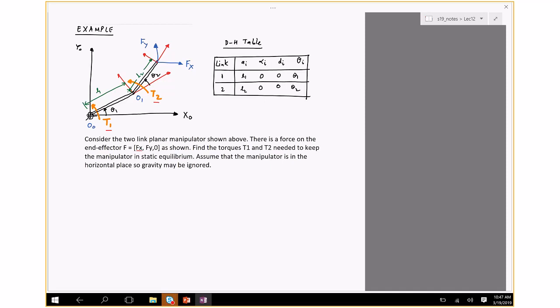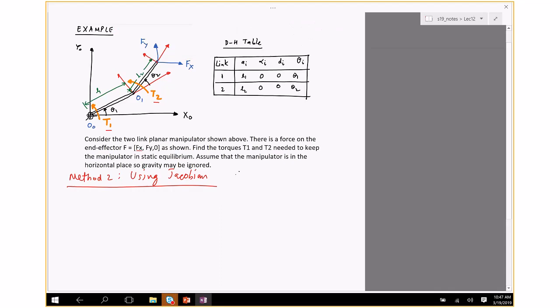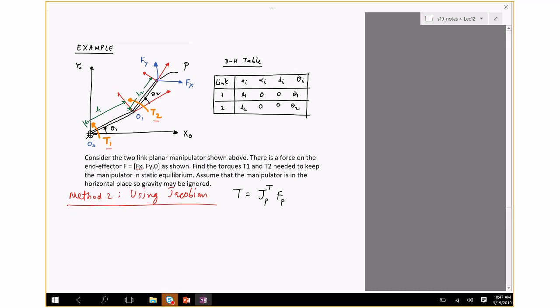So what I'm after is this. This is my method 2 for solving the same problem. It should give me the same answer as before, using the Jacobian. The formula is the torque is the Jacobian transpose times F. In this case, let's call this point P, with the force acting at P. Now, if I had put another force over here, then you'll have to add the Jacobian of that point times the force at that point.